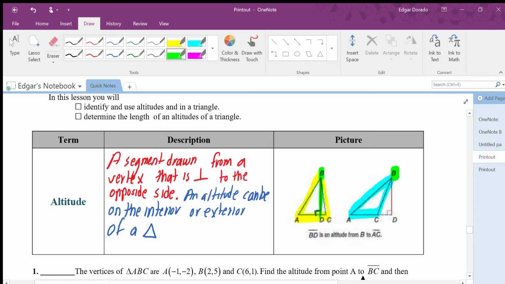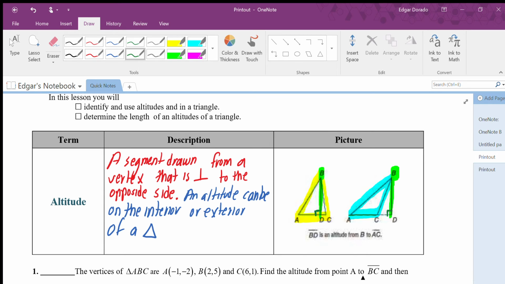Well, the problem is that AC is kind of to the left of B. So if I draw a straight perpendicular line like right here, that's not going to fall inside of the triangle. But that's okay, because it still creates a 90-degree angle right here. It is exactly perpendicular to this side. So that is okay, to have an altitude that falls on the outside.